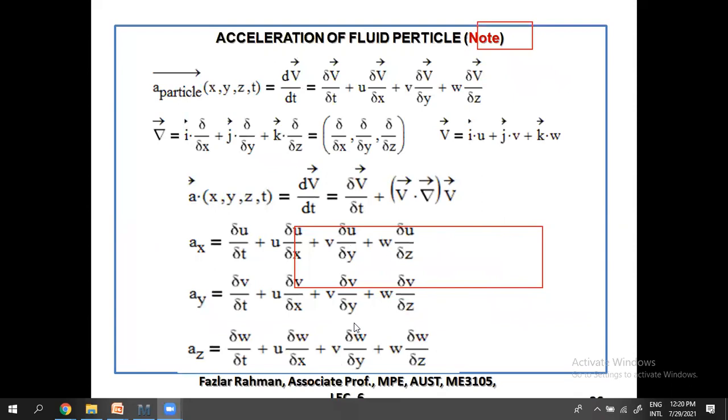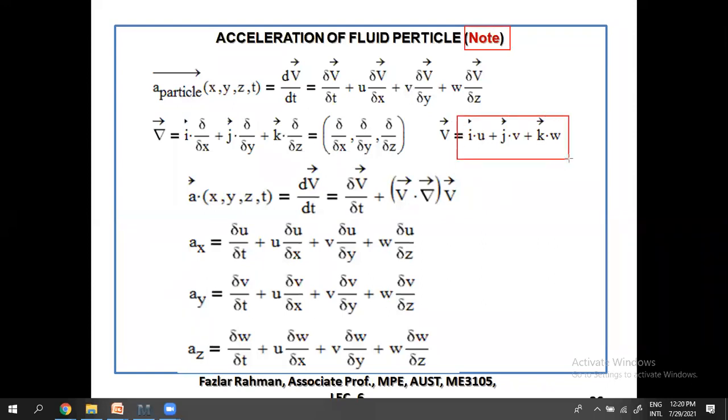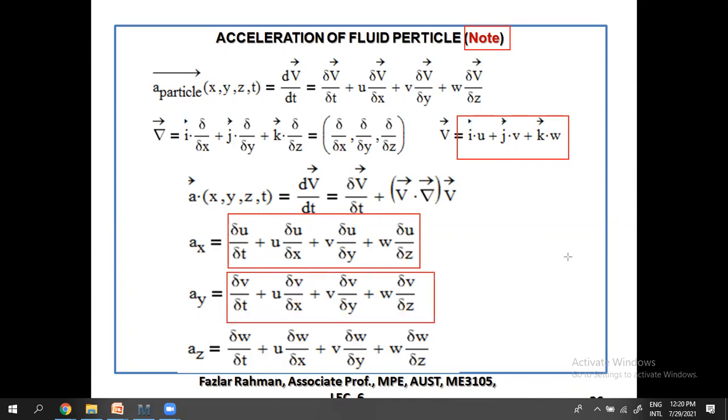Similarly, if you have velocity with three components, x component u, that means u, v, w, then remember your acceleration will have three components. That one is the x component, that is the y component, and at the bottom we have the z component along the third axis.